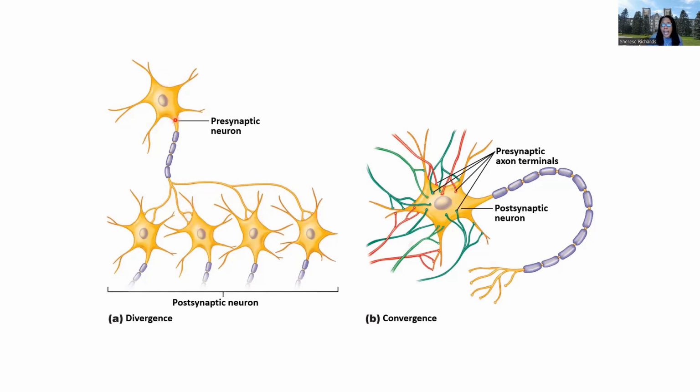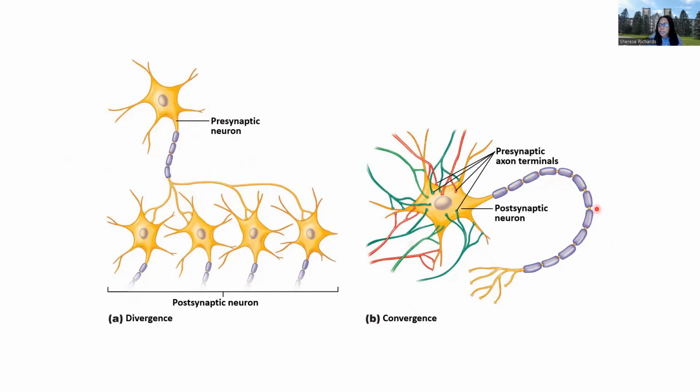And so a single action potential could potentially result in graded potentials on each of these individual postsynaptic neurons. So that's what divergence means. We can have a splitting off of the signal to result in graded potentials on different neurons, even though it's coming from a single neuron.